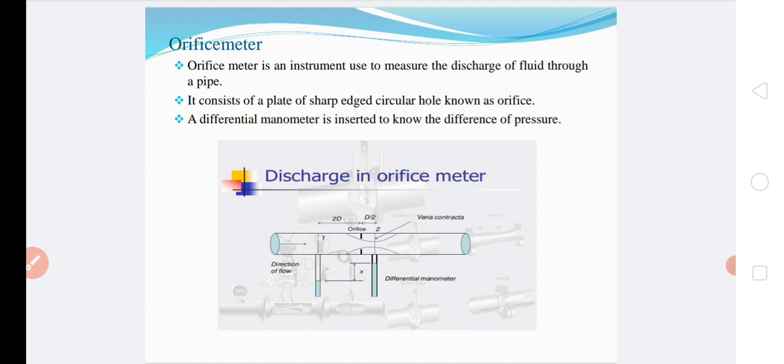It consists of a pipe having a sharp edged circular hole known as an orifice. A differential manometer is inserted into this pipe to know the difference of pressure.